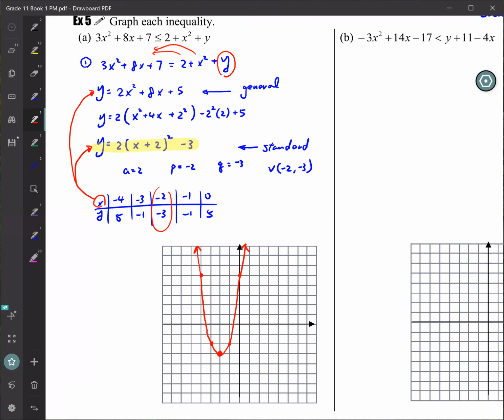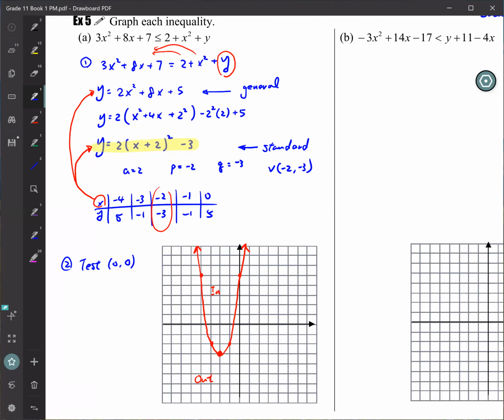Okay, and then we have the inside and outside, right? So looks like the 0, 0 is not on the line, right? So we can use 0, 0 to test. All right, so you guys can do the testing now and complete the shading, okay?